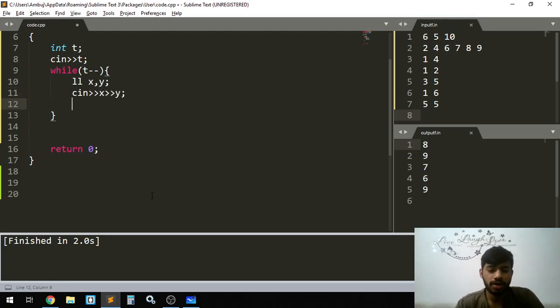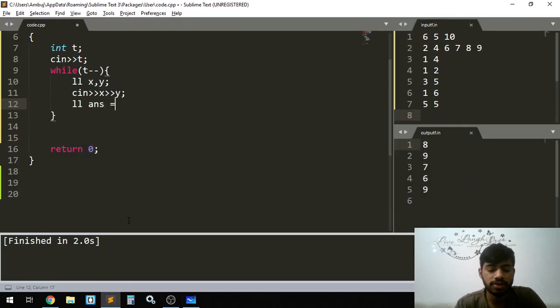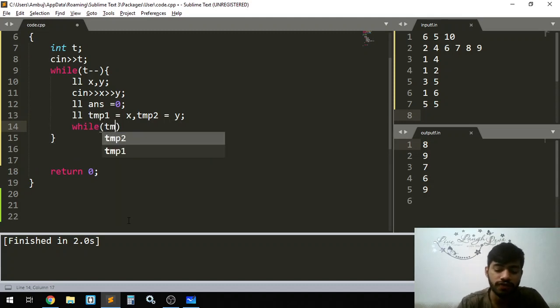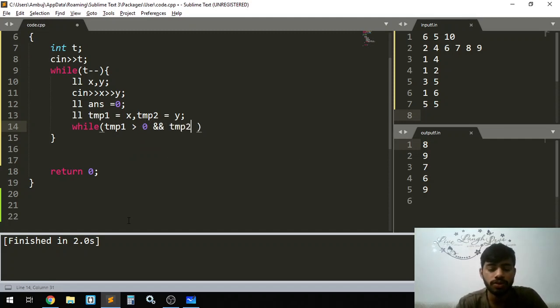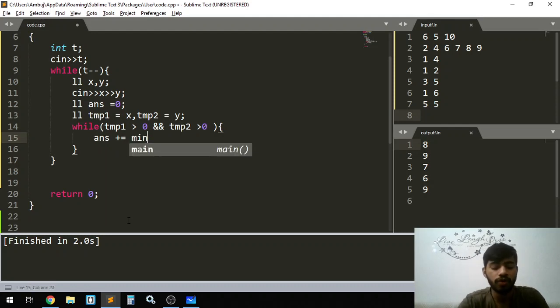After this, we declare answer equals 0, and take two temporary elements, temp1 equal to x and temp2 equal to y. While temp1 is greater than 0 and temp2 is greater than 0, we add to the answer: answer plus equals minimum of temp1 comma temp2.